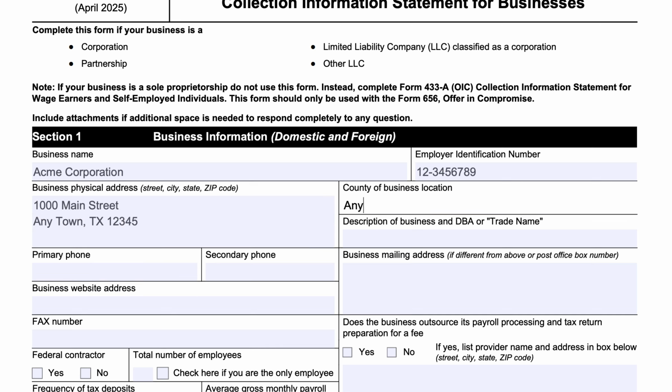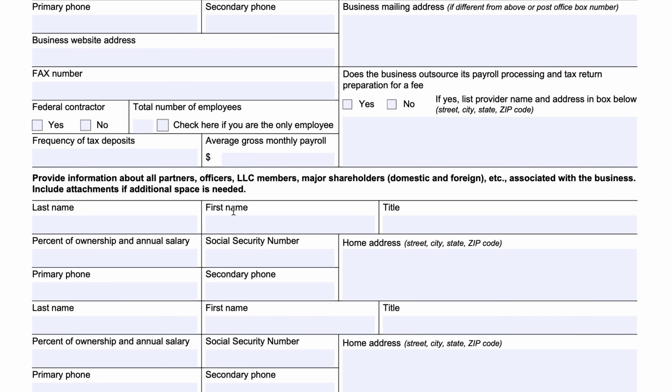So we'll just go ahead and complete Section 1. The top part is information about the business. As we get down here, we're going to get into information about any partners, LLCs, major stakeholders.